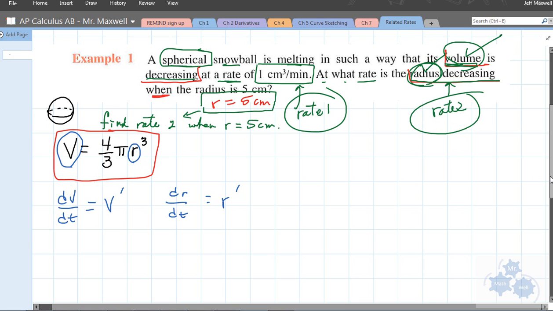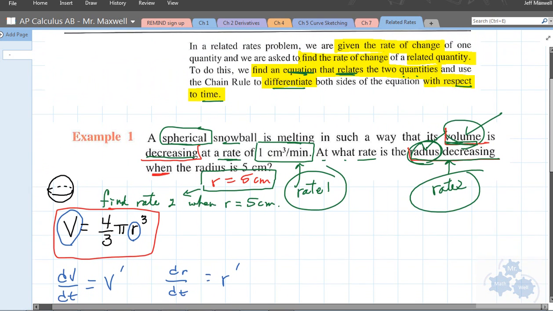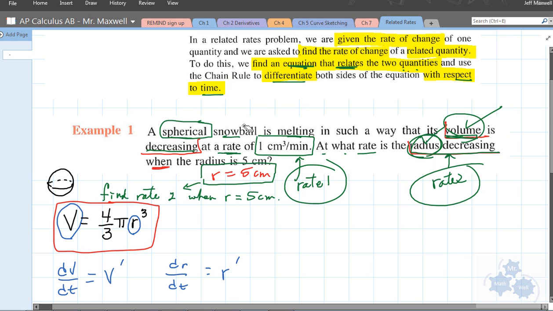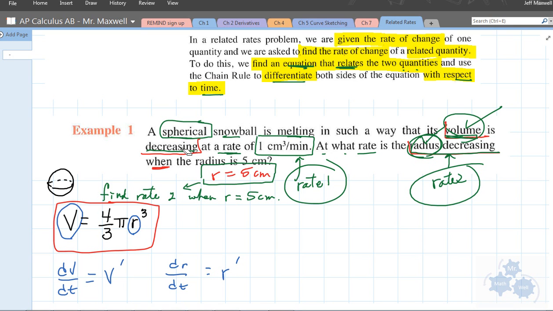Now, if you look back here too, related rates, right? The rate of change. Do you remember when we used that language before, what does that mean? It means what's the rate of change of a variable? It's the rise over run, something else?